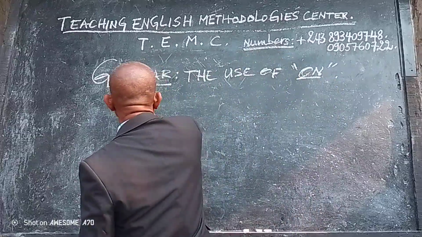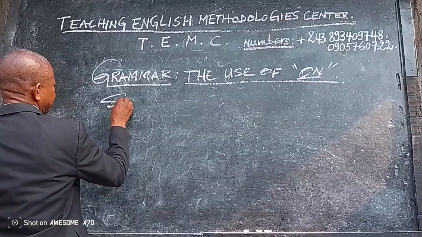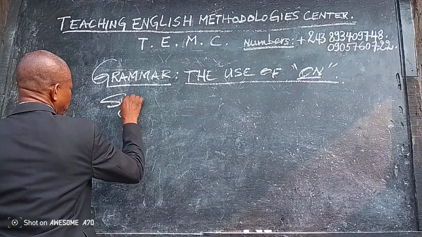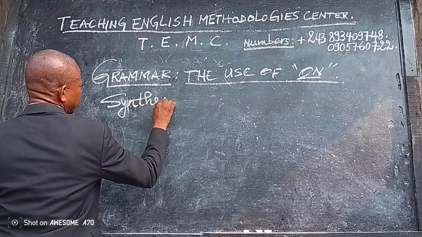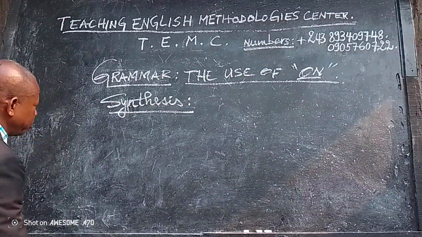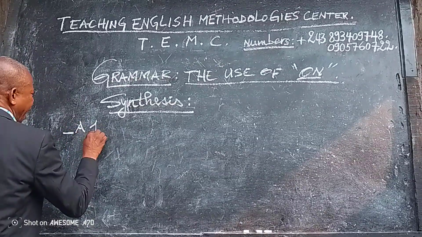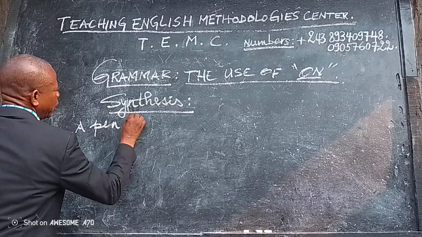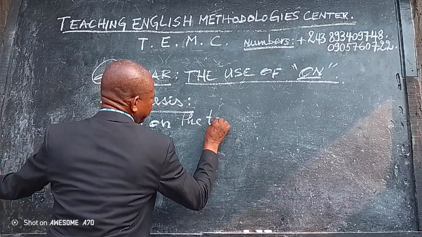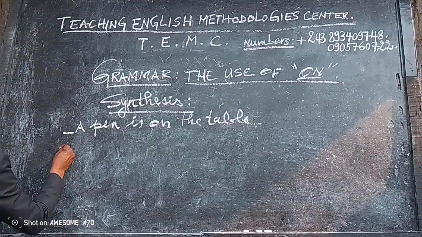Now, sentences. You write sentences on the blackboard. For example, a pen is on the table. A pen is on the table.